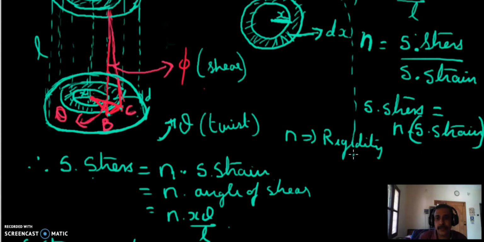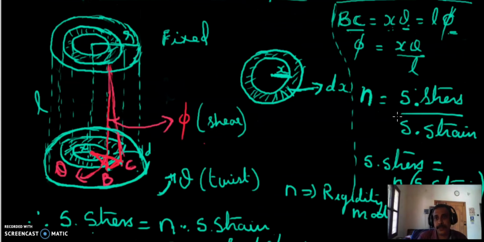This can be written as N into the angle of shear, which is given by the expression phi is equal to x theta by L. Let it be equation star.